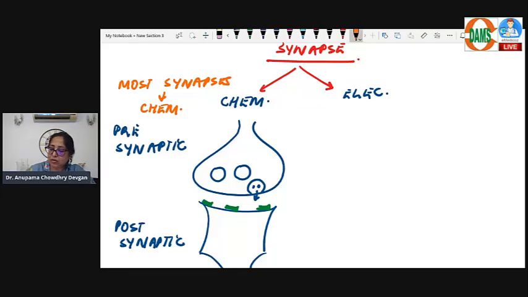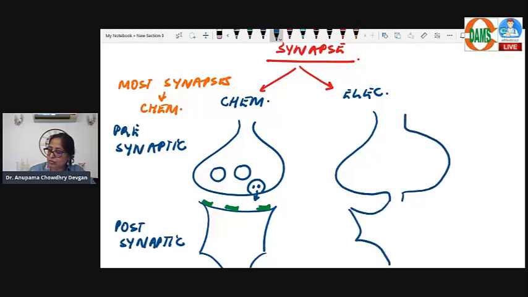Electrical synapses, we've already discussed. An electrical synapse is because of the presence of gap junctions. Gap junctions are due to proteins called connexins. In an electrical synapse, there is a physical continuity between the cells, a gap junction between two neurons.